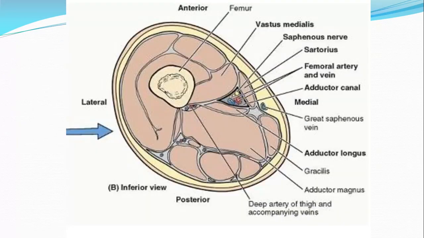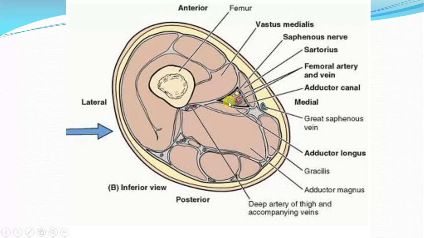Here again I am seeing the diagram which shows the adductor canal. Here is the vastus medialis, and laterally or anterolaterally is the membrane, and this is the sartorius, and posteriorly here is the adductor magnus muscle, along with part of the adductor longus.